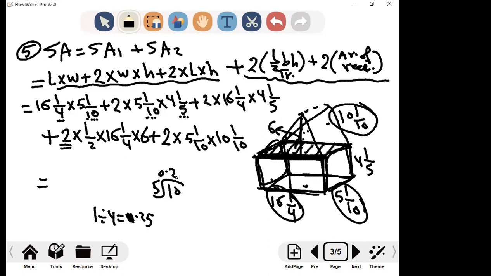Plus 2 multiply 5.1 multiply 10.1. The answer is 400.7.